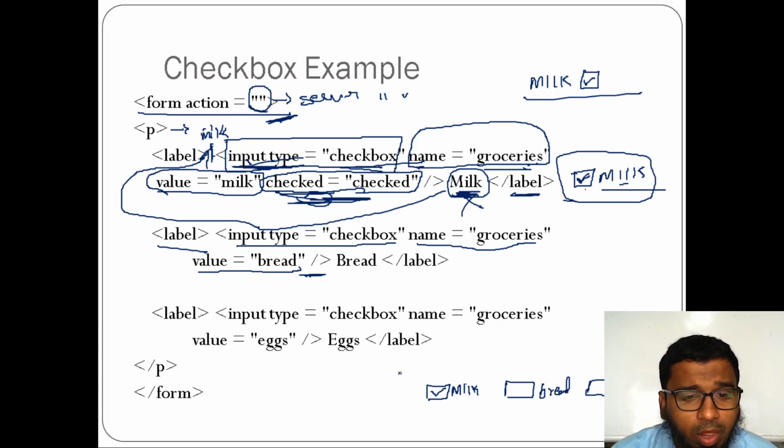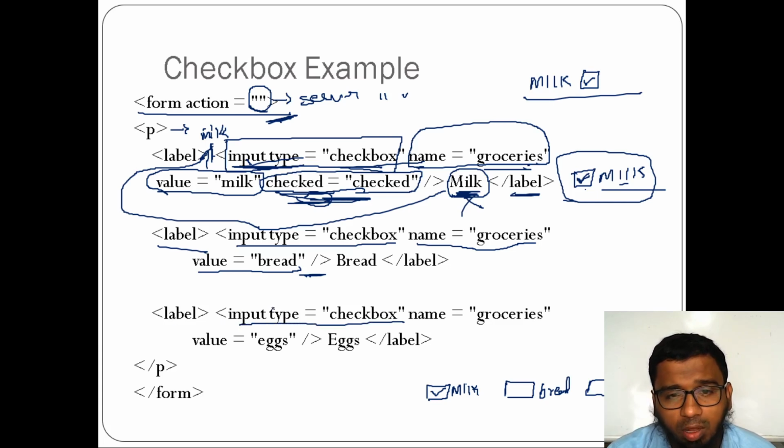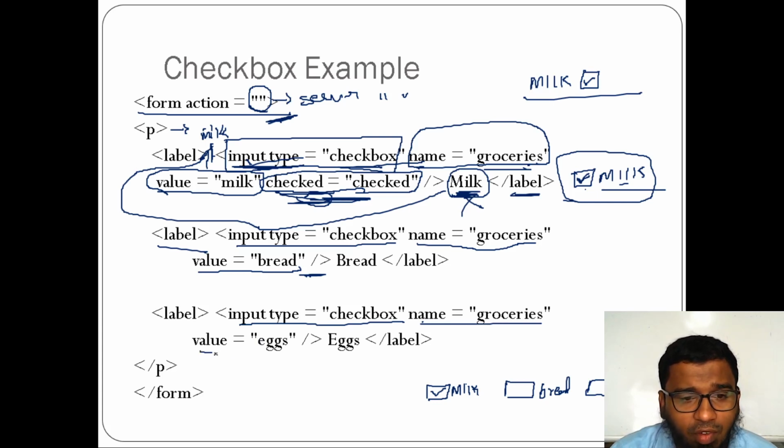Okay. Next, label, input type equals checkbox. Once again I am designing the checkbox, and the name is grocery, and the value is eggs, E-G-G-S. Okay, I want eggs.